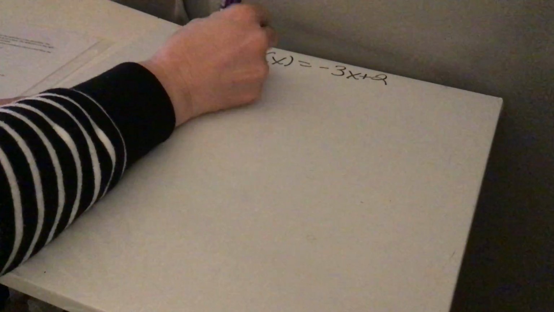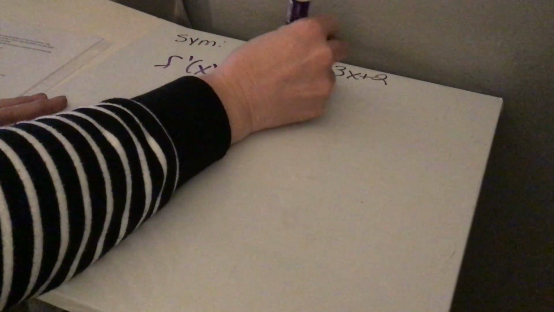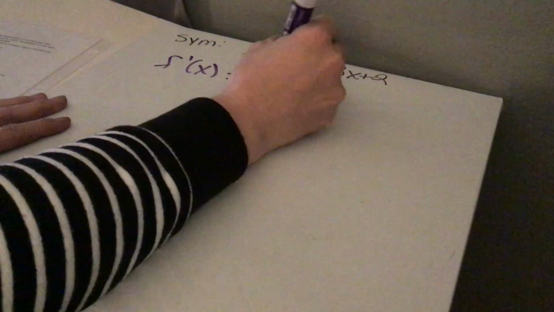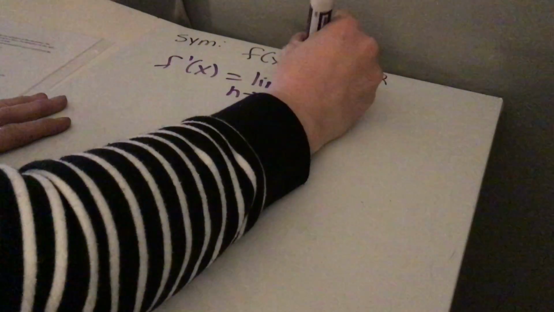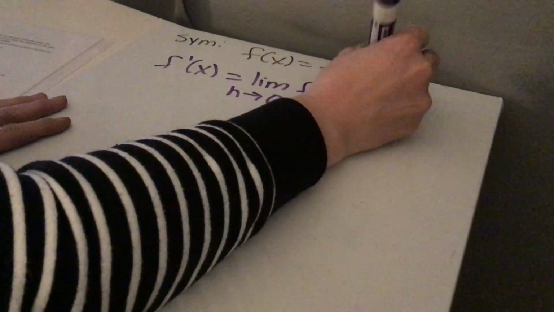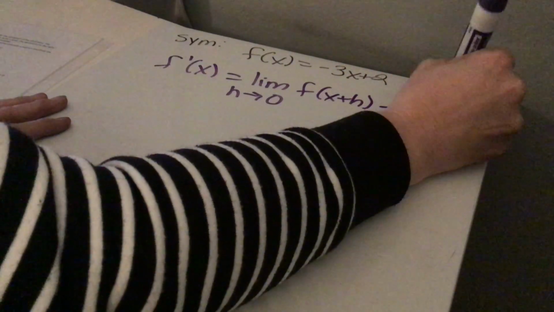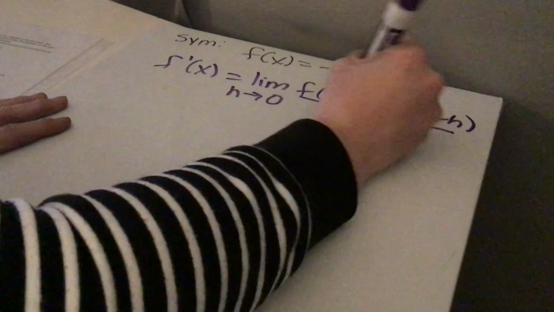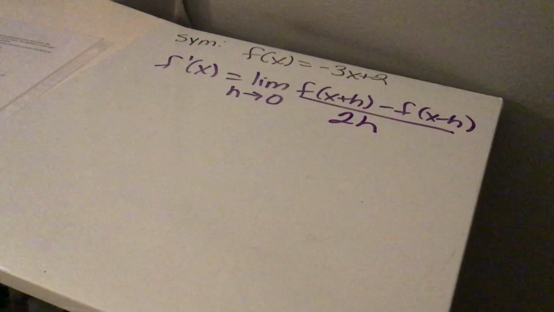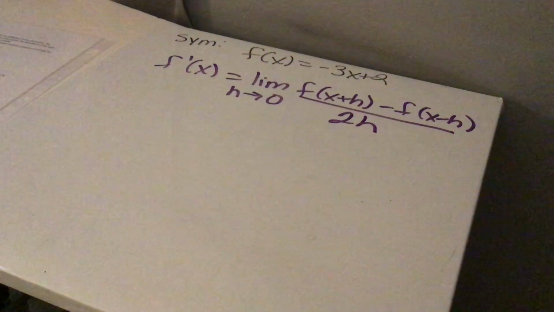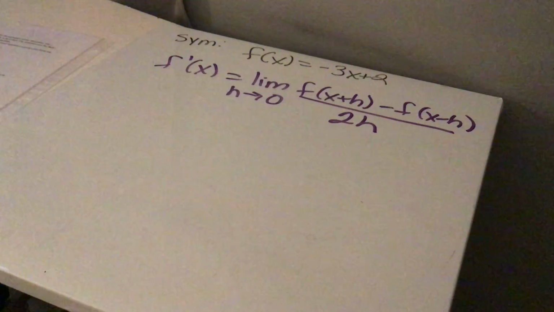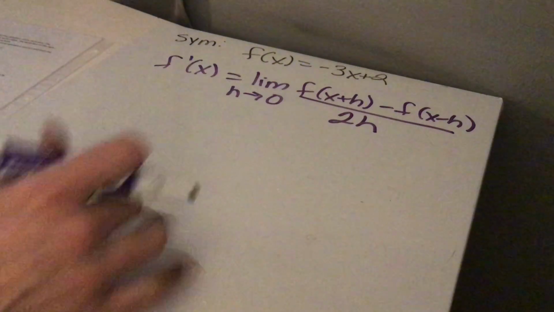So the symmetric definition tells us that f prime of x is going to be the limit as h approaches 0 of f of x plus h minus f of x minus h over 2 times h. Some of these definitions just help us to eliminate 0 in the denominator, okay?